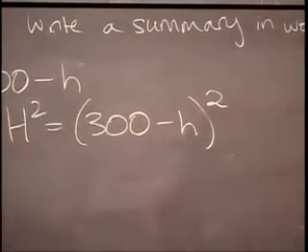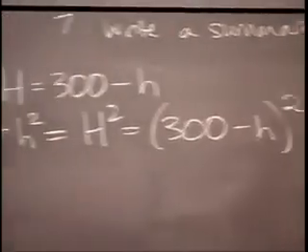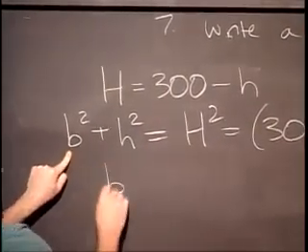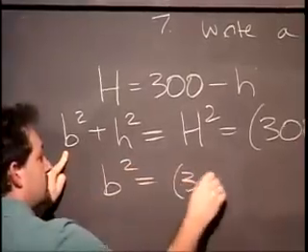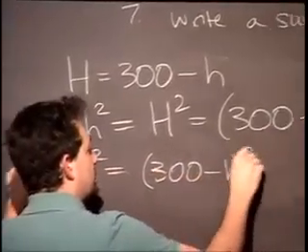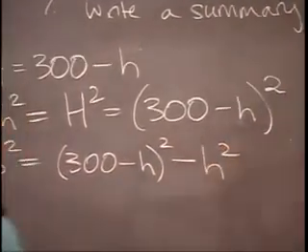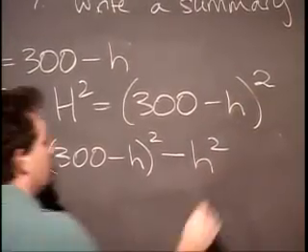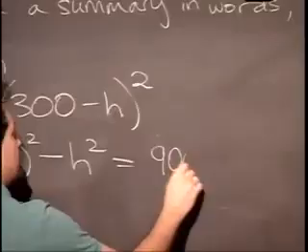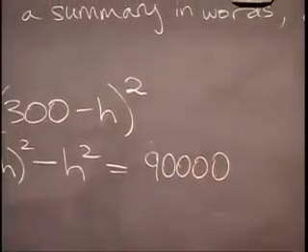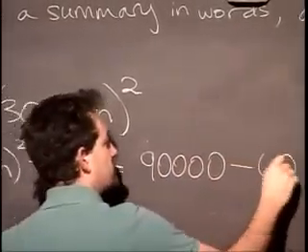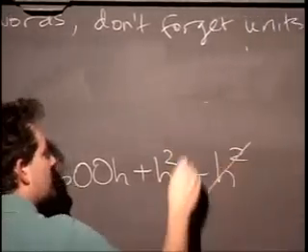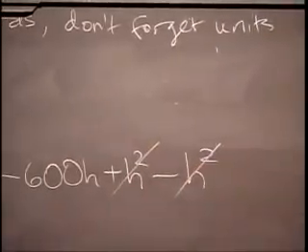This is good. We can make b the subject, solve for b here, and you get b squared is 300 minus h all squared minus h squared. And if you expand this out, it's a little bit messy, but not too bad. You get 90,000 minus 600h plus h squared minus h squared. And the h squareds cancel out.